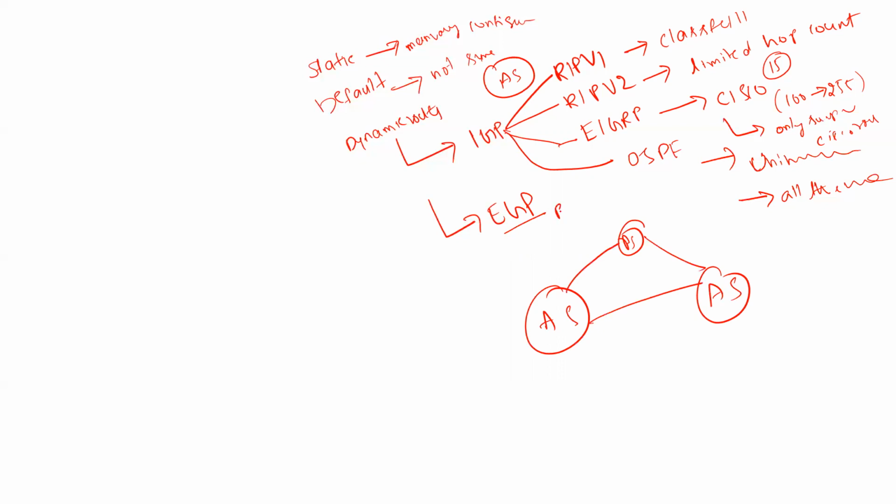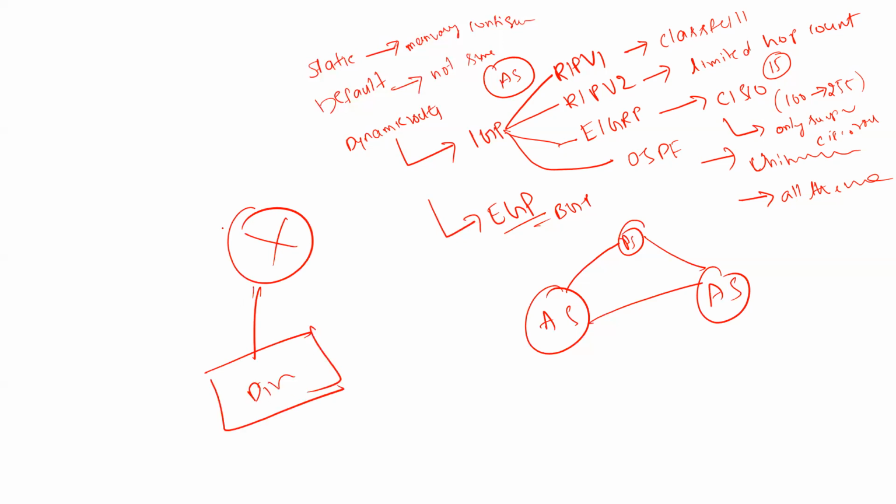In whatever dynamic routing protocol it is, we will configure the networks which are directly connected, and other routing information will be gathered by the dynamic routing protocol configuration. That is about dynamic routing protocols.